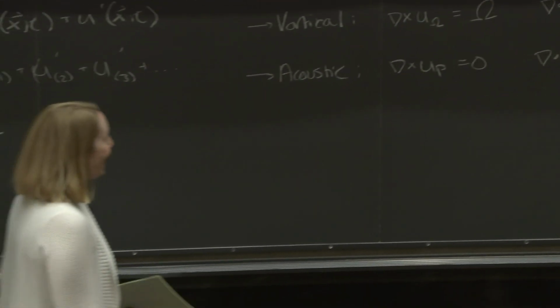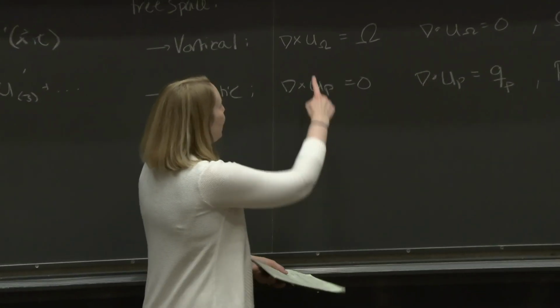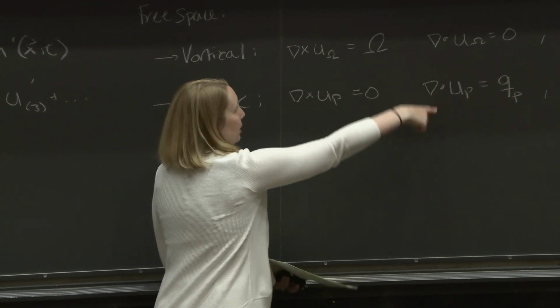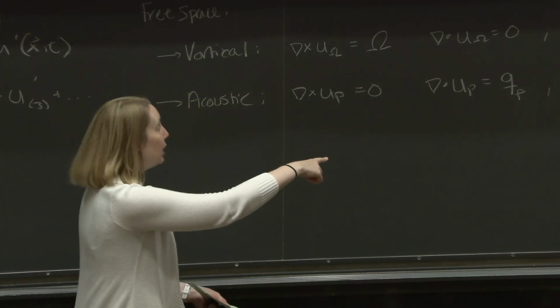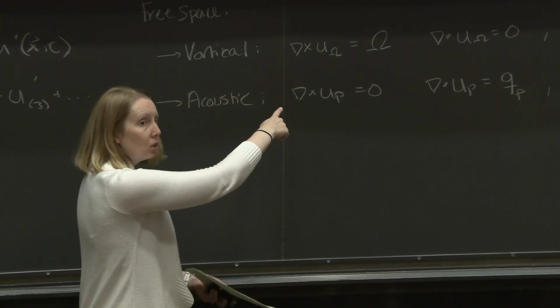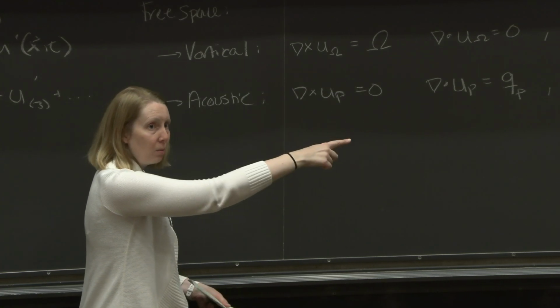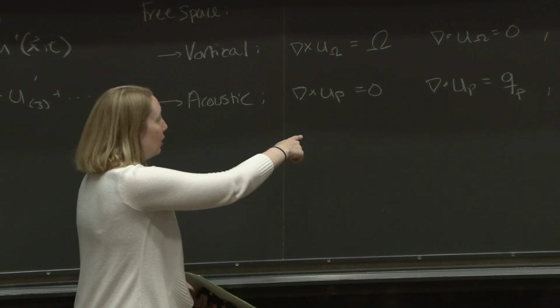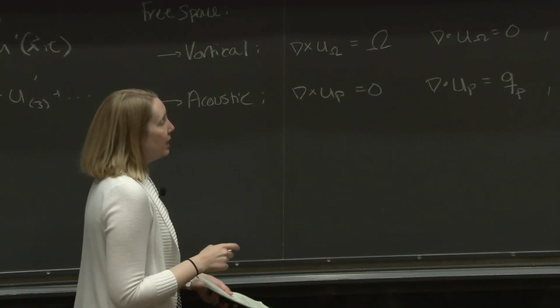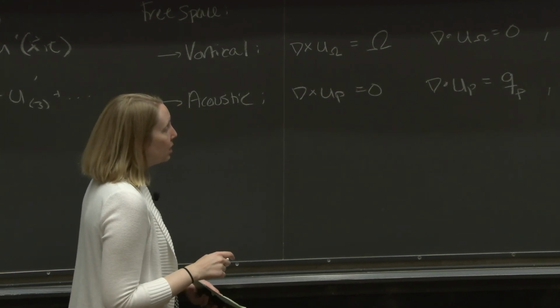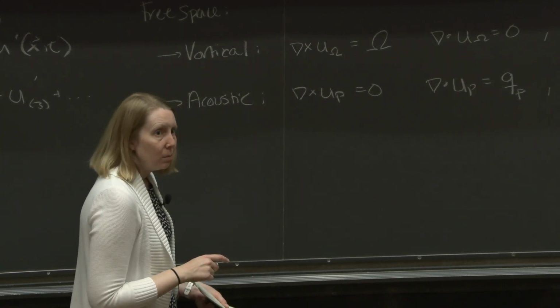But this is really nice, right? Because you're sort of in opposition here. And so if I have a velocity field and I take its curl, I get all the vortical components. If I take an isothermal velocity field and I take its divergence, I get all the acoustic components.